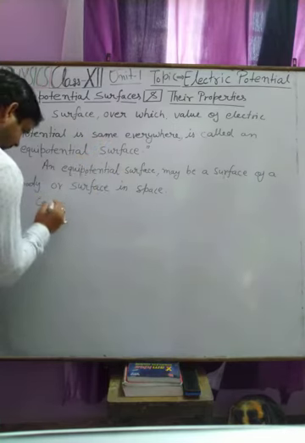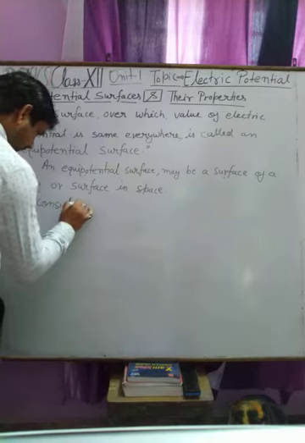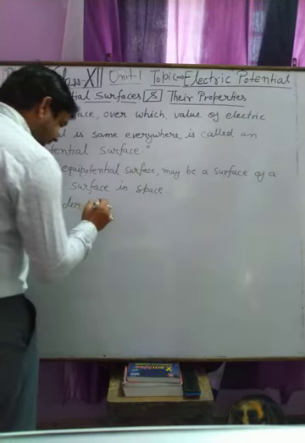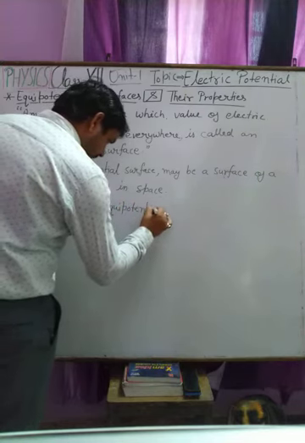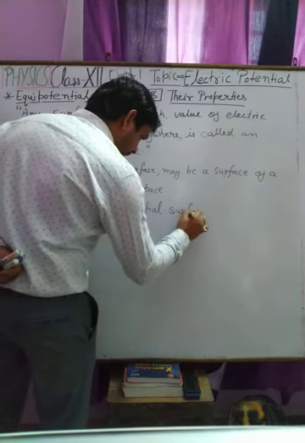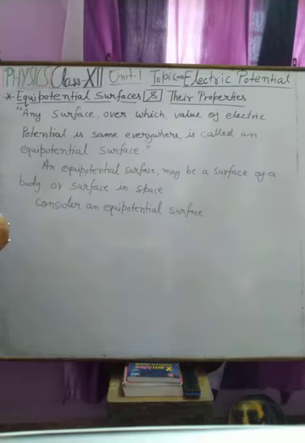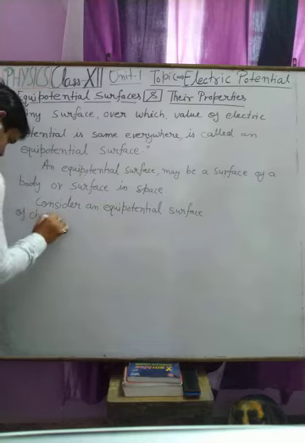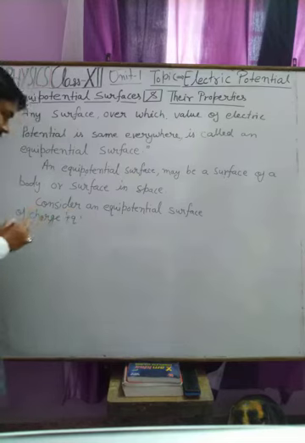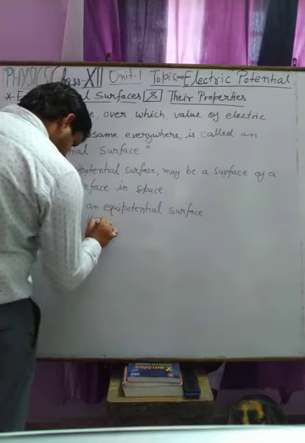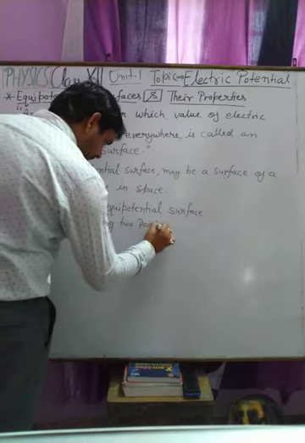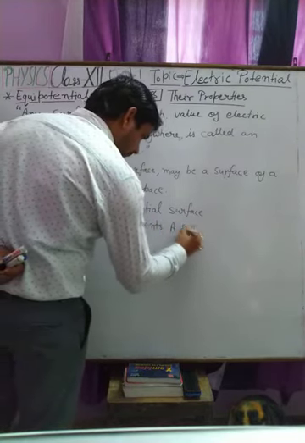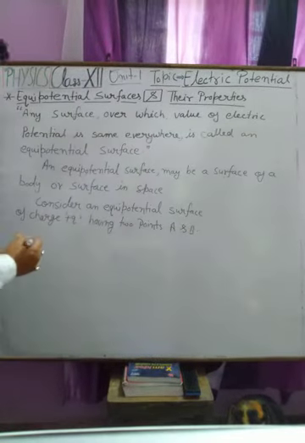Consider an equipotential surface of charge plus q having two points A and B apart at a distance.